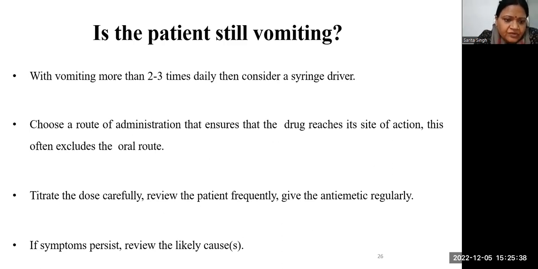Choose a route of administration that ensures the drug reaches the site of action. This often excludes the oral route. Titrate the dose carefully. This is titration of the drugs from oral to IV when the patient is not able to take oral and the symptom is still persisting. The symptoms are more intractable and drastic. You have to change the route of the drug and relieve the patient as early as possible.